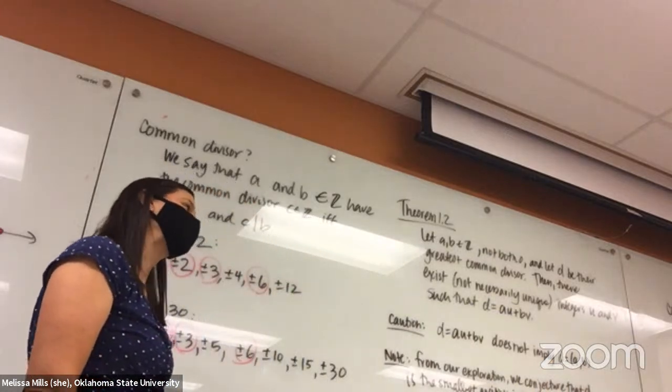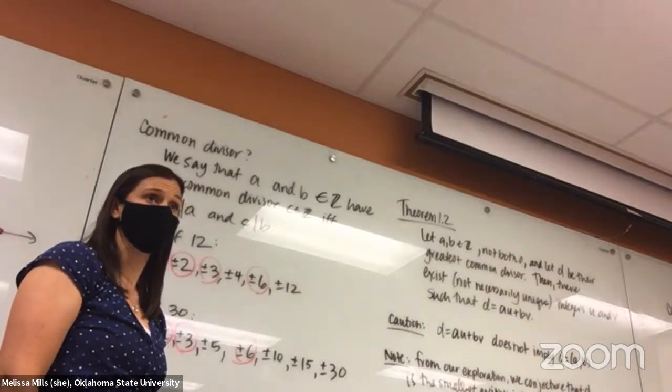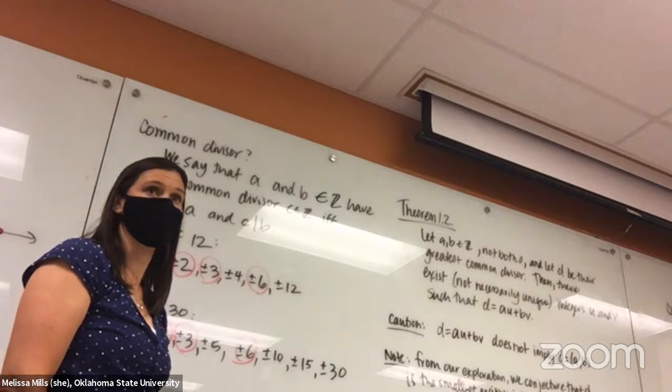And in fact, that's what we're going to use in the proof, that D is the smallest one.